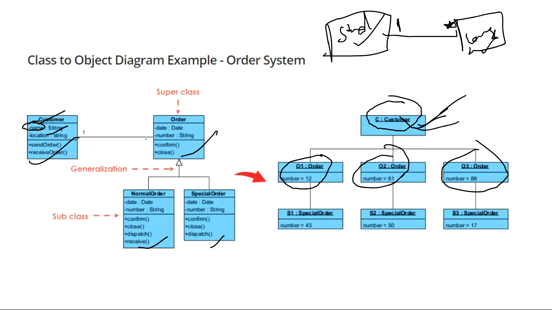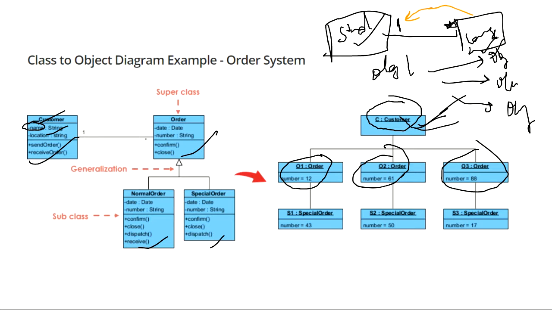Means one object of class student can interact with multiple objects of class course, isn't it? And the reverse, if you are reading it from here to here, it means course can have exactly one student. Means one object of the class course will interact with only one object of class student.